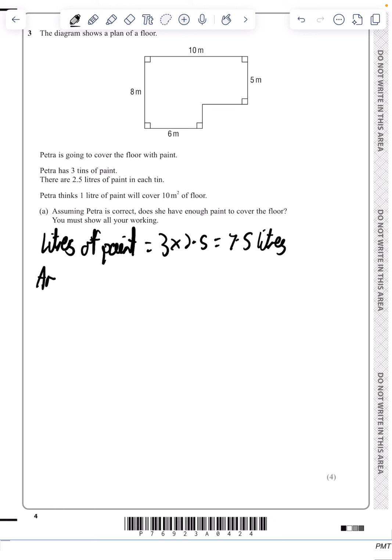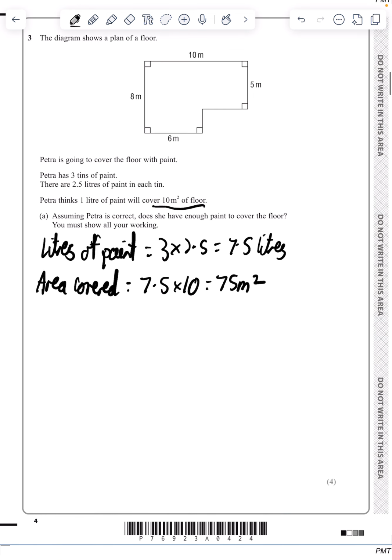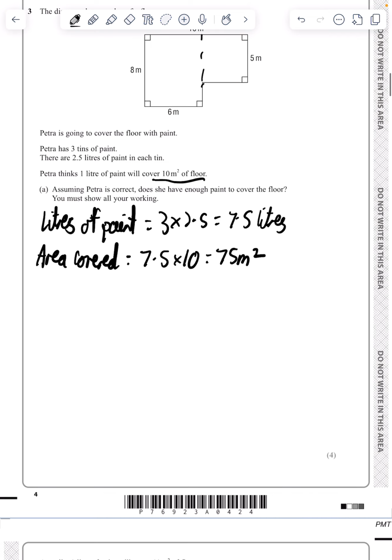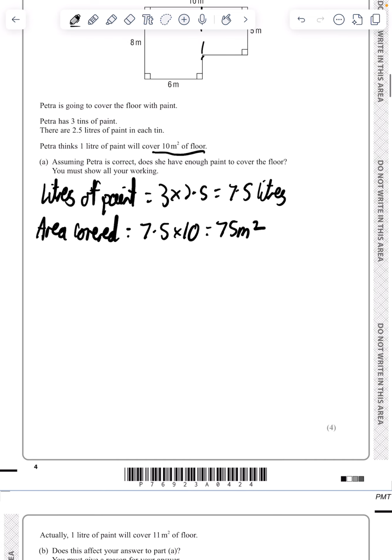So the area covered, it says each one covers 10 meters squared, so it's just 7.5. Then you have to work out the area of the whole shape, so I'd split it like that. We'll split whichever way.